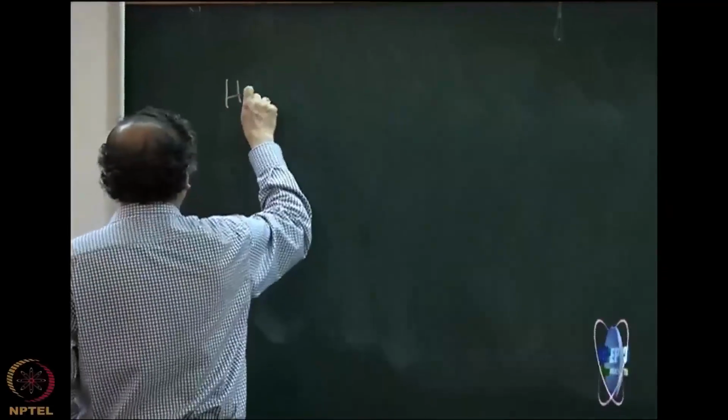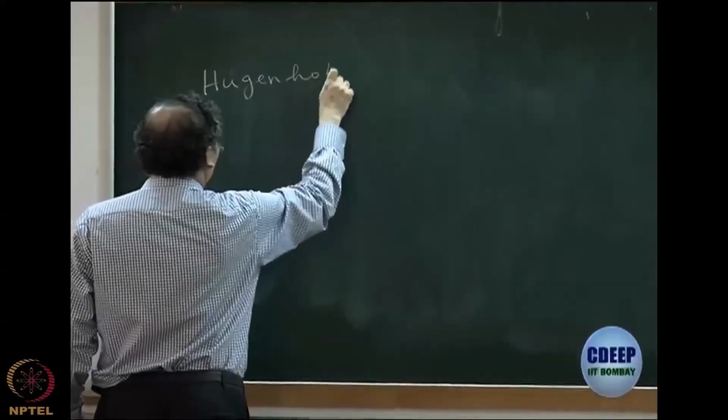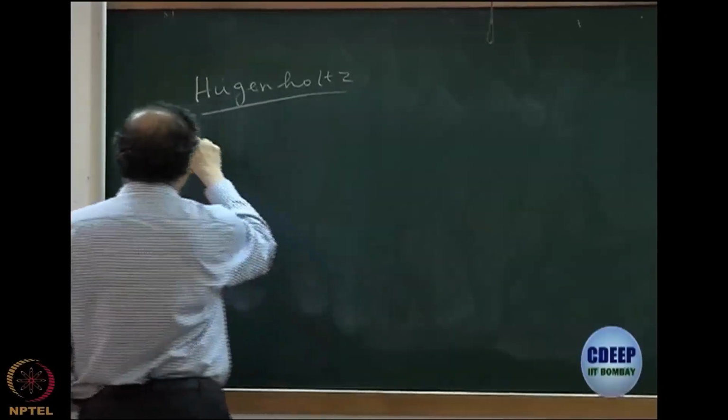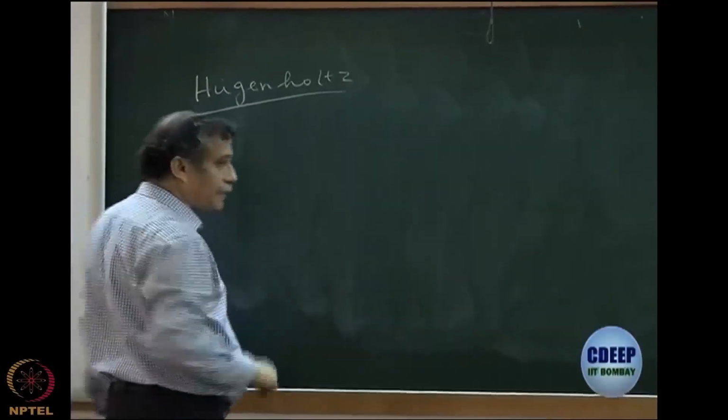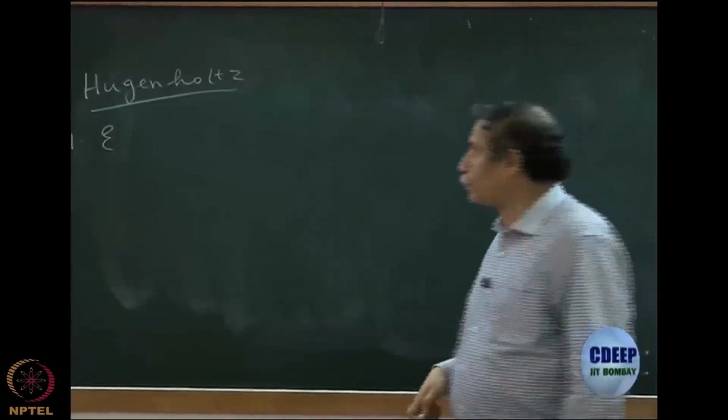Okay, so I think let us once again revise the diagram rules. We were specifically talking about the Hugenholtz diagrams. So rule number 1, let me rewrite the rules a little bit more clearly.